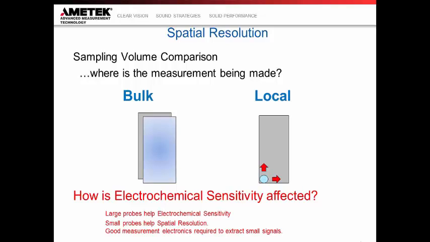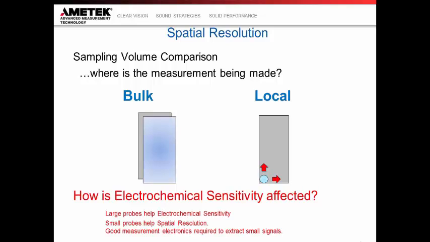So when we talk about spatial resolution, think of it as a sampling volume: where is the measurement being made? On the left-hand side, what I've done here is made a gray rectangle to represent the sample and a blue rectangle to represent the measured location. In a bulk experiment, I'm measuring all across the entire electrode-electrolyte interface.